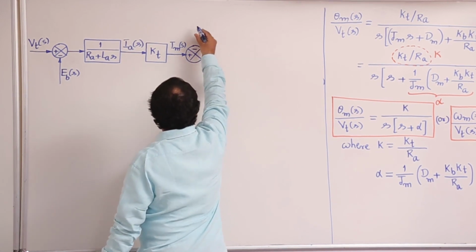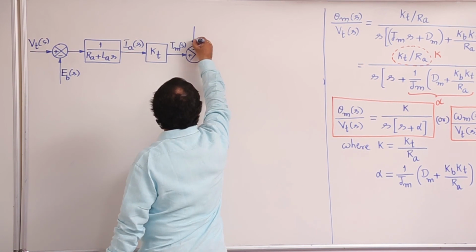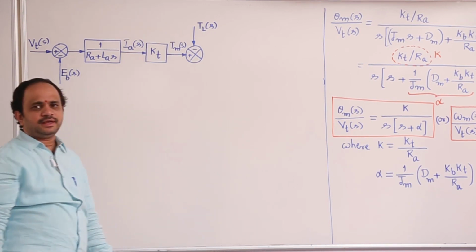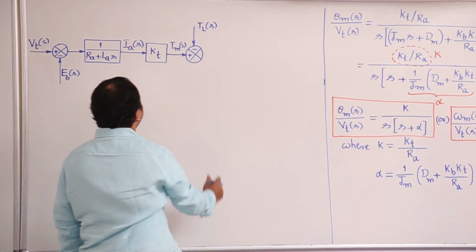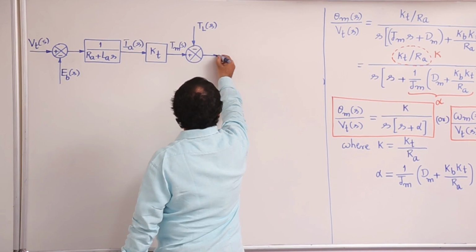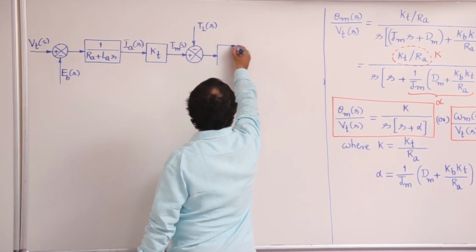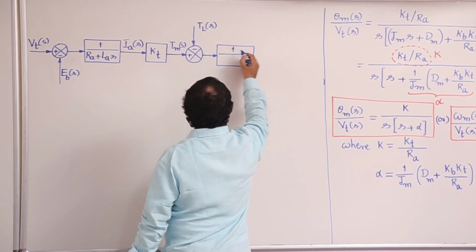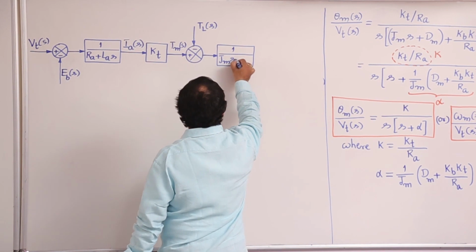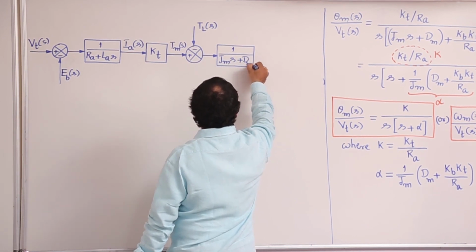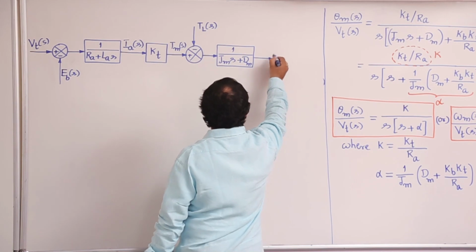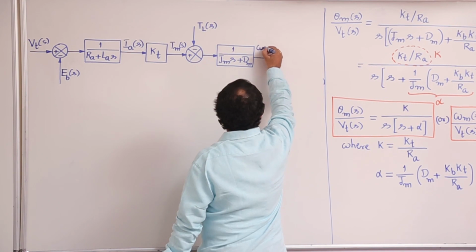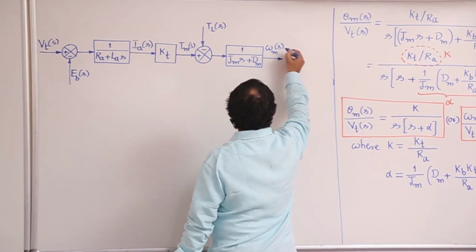That load torque can be treated as a disturbance input, that we can take here, TL of S. This is multiplied with 1 by Jms plus Dm. Then what we will get? Speed omega m of S.